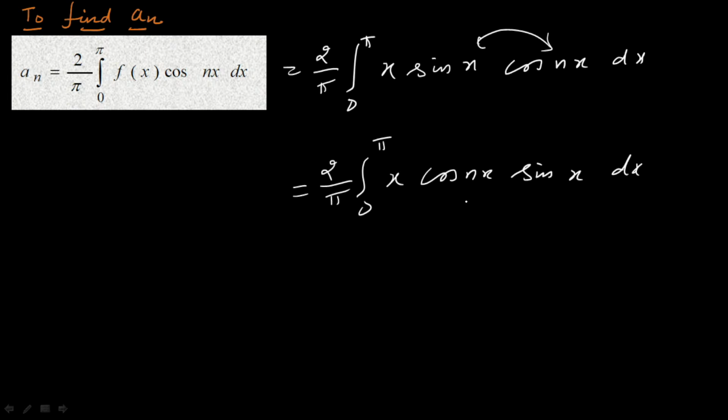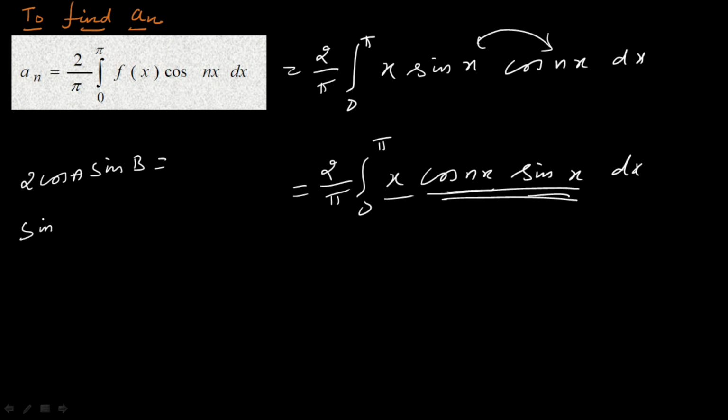Okay, so this is of the form, look at here. So here x cos n x sin x, a product of three functions is there. So we don't have any formula to evaluate this integral. So for that what we are going to do is make use of the trigonometric formulas that we know already, isn't it? So combine these two. This is of the form cos A sin B. You know the formula for 2 cos A sin B. What is the formula for 2 cos A sin B?